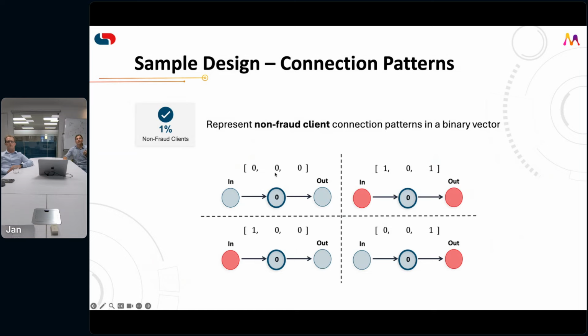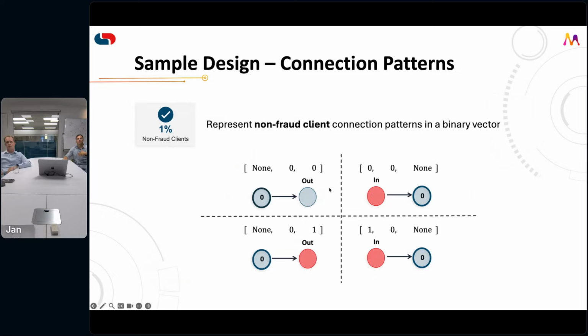And then if that non-fraud client made an outward transaction to a non-fraud client as well, that would then be represented by a 0. And by changing these elements around your main target node from 0 to 1, you can then start seeing very interesting patterns that you would not necessarily always see.